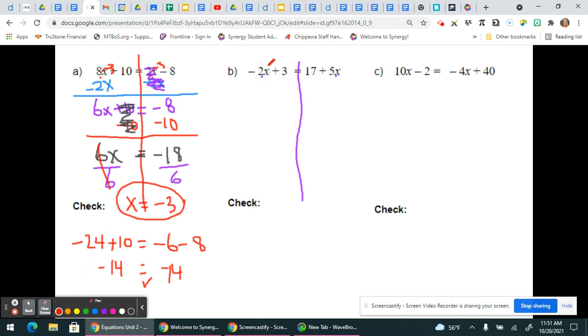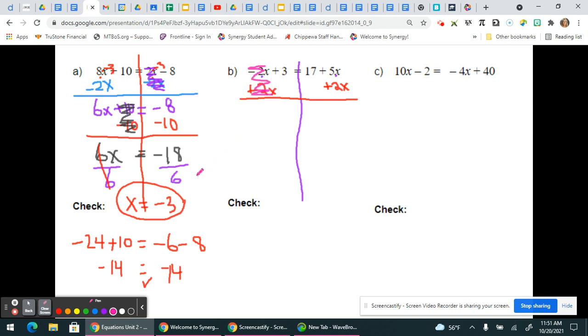So to remove this negative 2x, I'm going to add 2x on the left, which means I'm going to come over here and to the x's, to the like terms, I'm going to add 2x on the right. Now, we're just concerned about our variable first, getting our variable moved to the right side. So I'm going to draw my balance, and my negative 2x's, positive 2x's are going to eliminate.